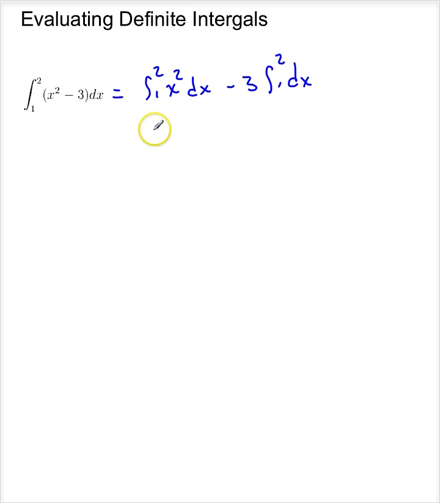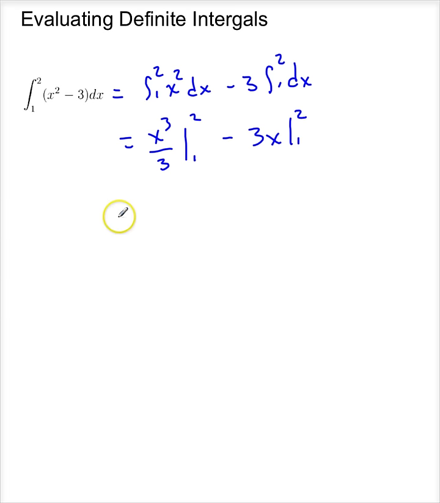And we can do these separately. The antiderivative of x squared is x cubed over 3, and we're going to evaluate that at 1 and 2, minus 3 times the integral of dx, which is just x, evaluated at 1 and 2.